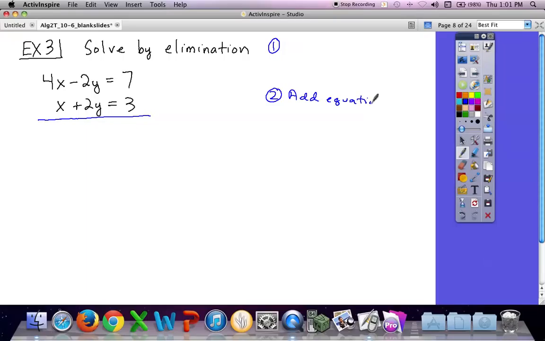And because two of the variable terms have opposite coefficients, they will cancel, or the variable will be eliminated. Add equations to eliminate one variable.